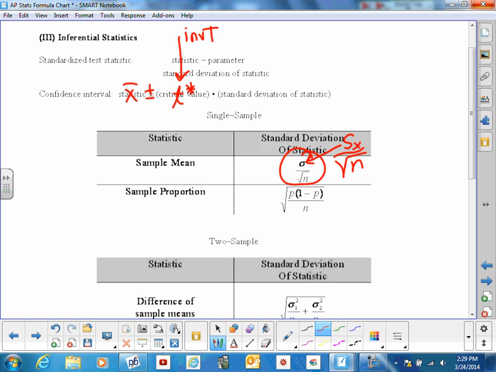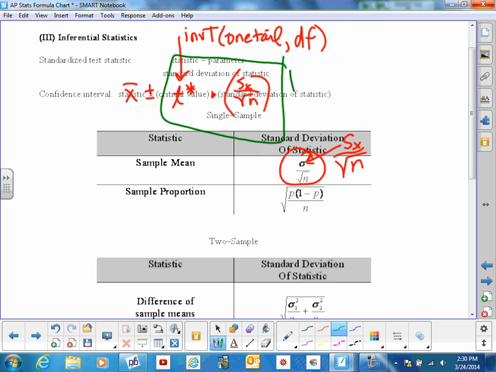Inverse T of 1 tail based on how confident, and then what else? Degrees of freedom. And then finally times that standard deviation of the statistic. And now you have just told me that this component here is your margin of error.